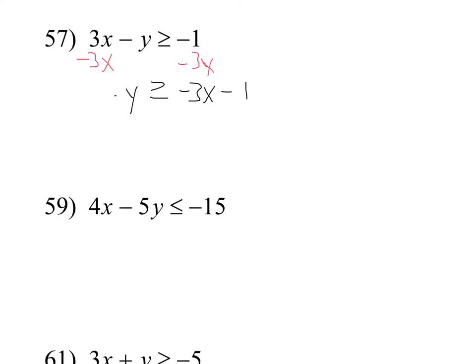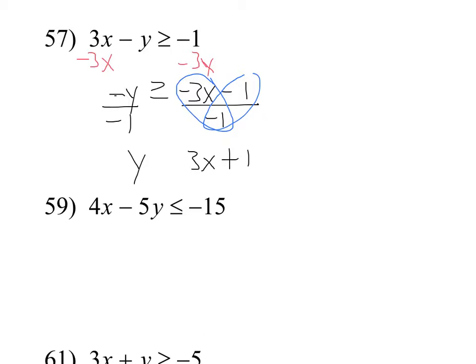Notice that we have a negative here in front of the y, so I'm going to have to divide by a -1. Over here, everything gets divided by -1. And we get y on the left side. On the right side, each piece gets divided, if you remember, and that's a positive 3x now. -1 divided by -1 is a positive 1.